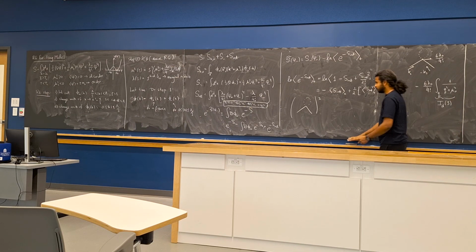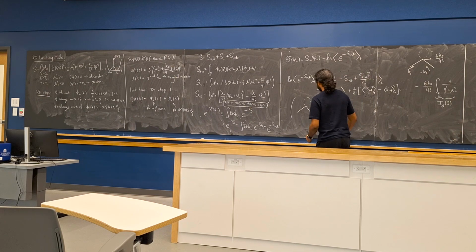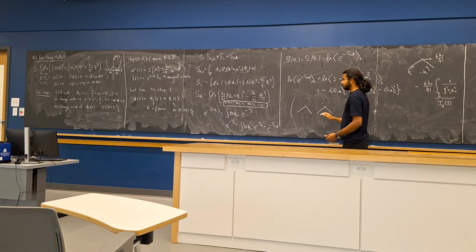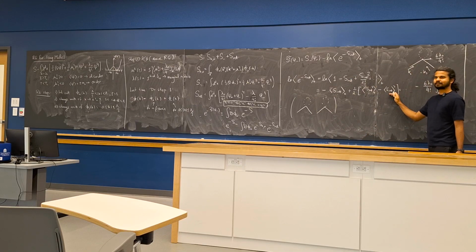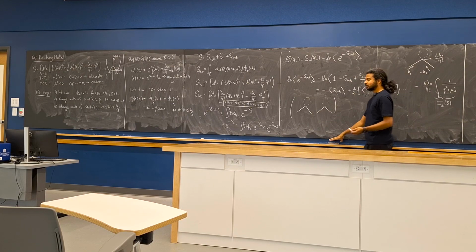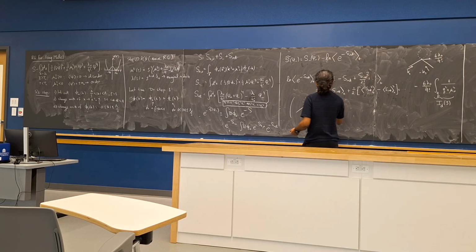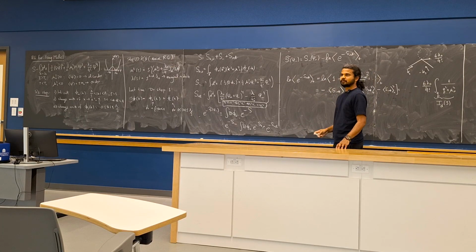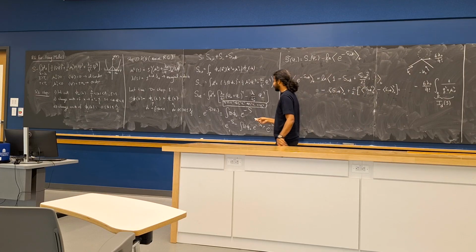So that's the meaning of all the disconnected diagrams. This is a disconnected diagram because it's obviously not connected. So this will be cancelled from this. You only have to look at connected diagrams. So I leave it as an exercise.